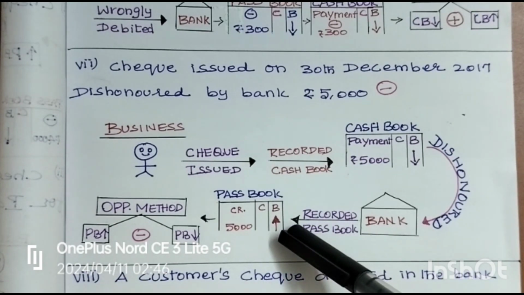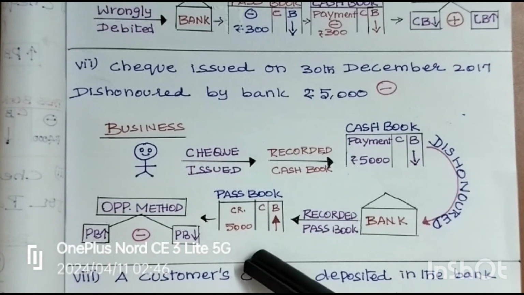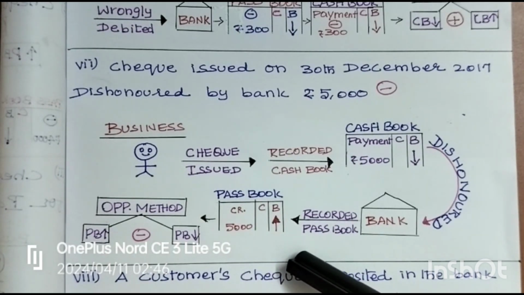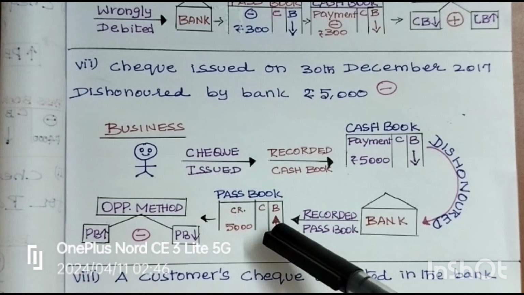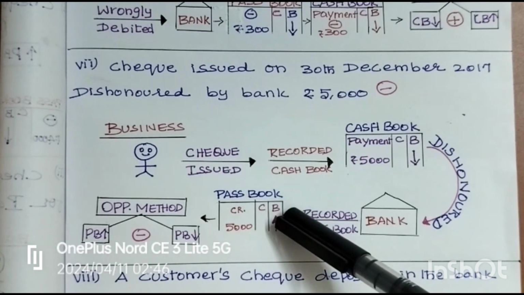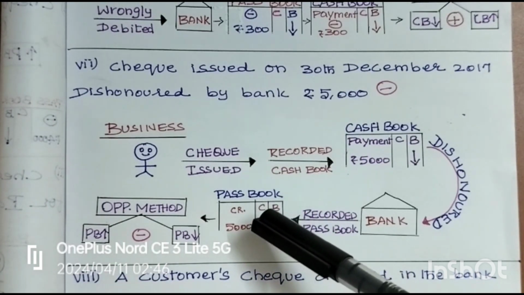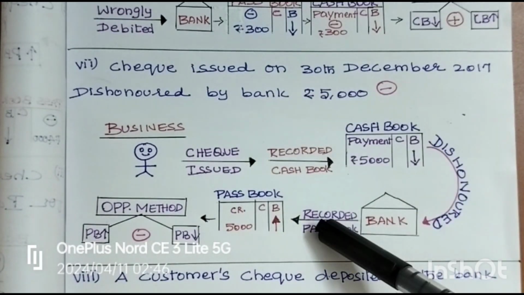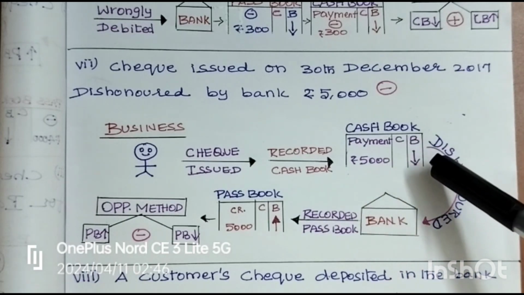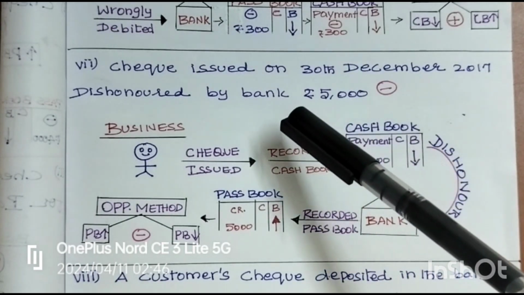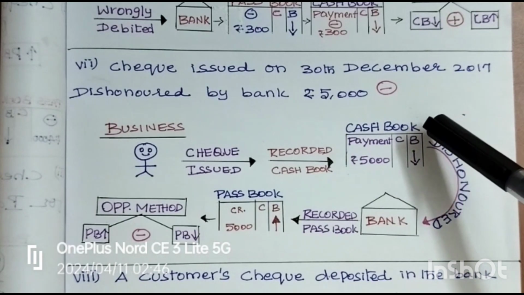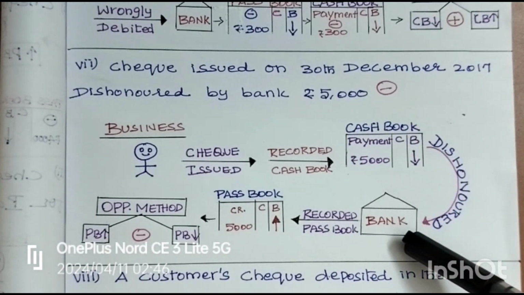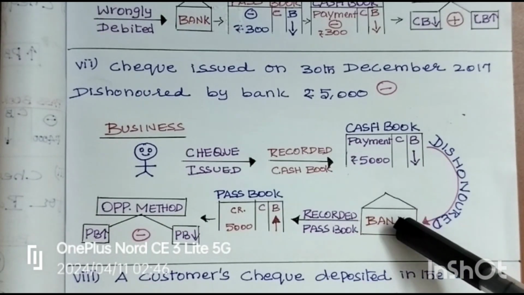So what will be recorded in your passbook? The bank passbook will be increased because you are not making the payment to the third party through check. You are not making the payment because you didn't have the sufficient amount in your bank.